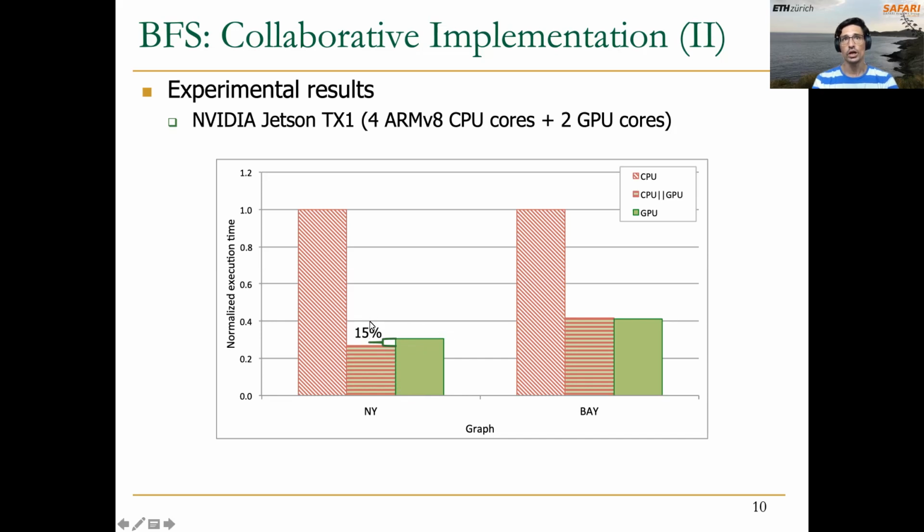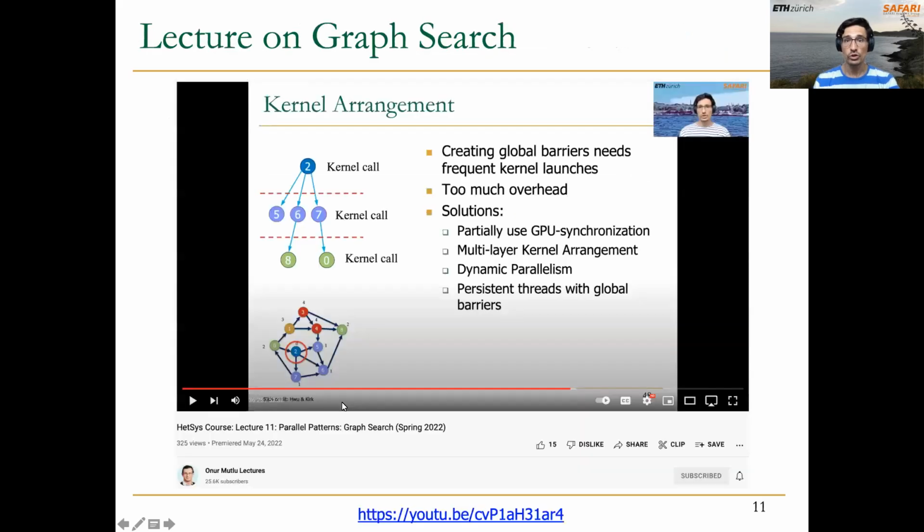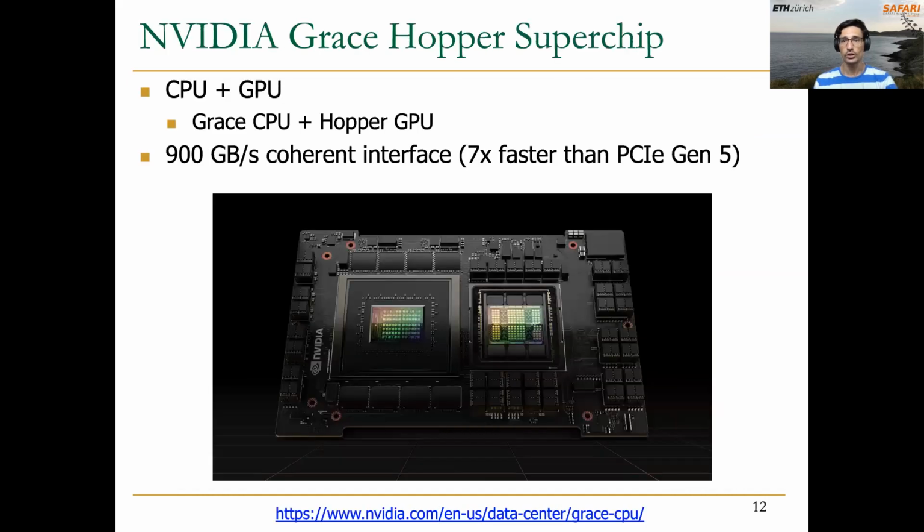As you see, we can achieve up to 15% performance improvement for this graph. So if you want to recap on graph search, you can take a look at the lecture that we delivered a few weeks ago. But collaborative computing is not only restricted to very few examples, such as the one that I just gave you on an NVIDIA Jetson platform.